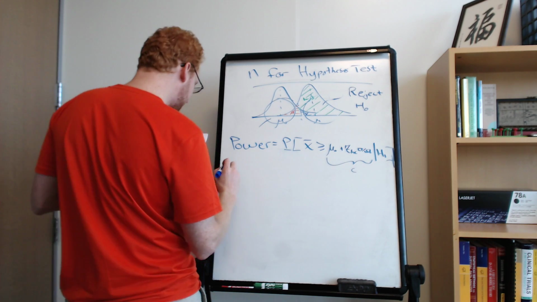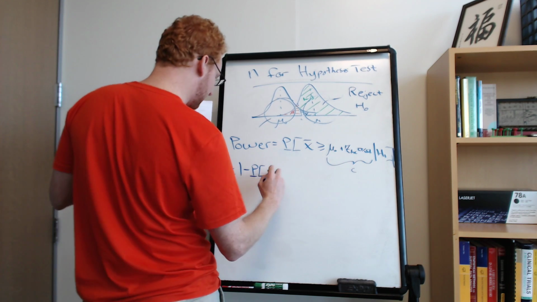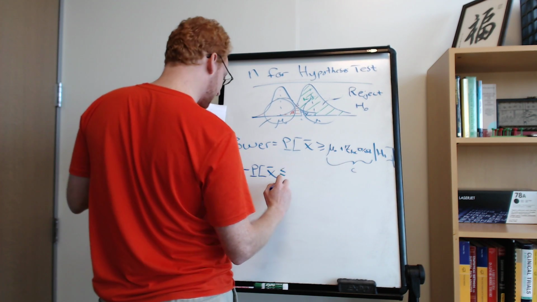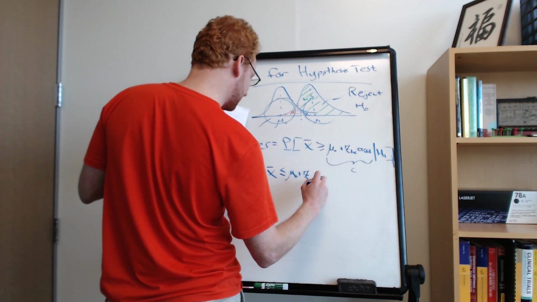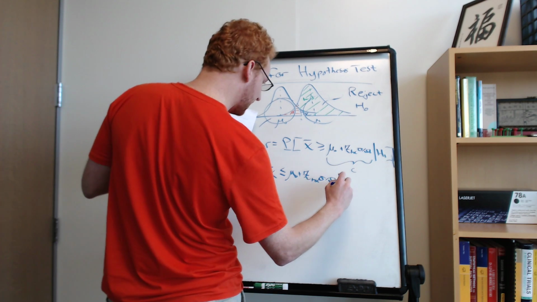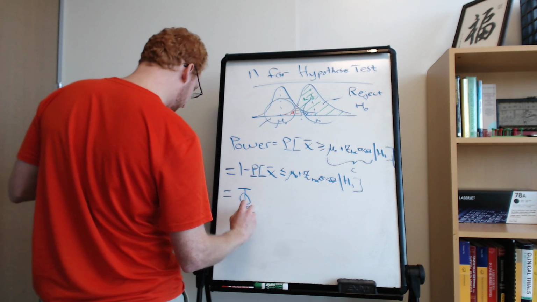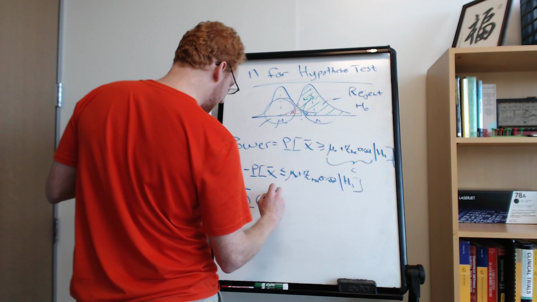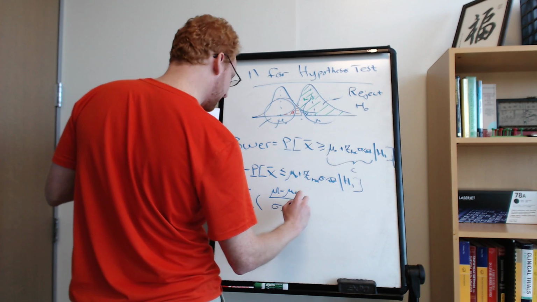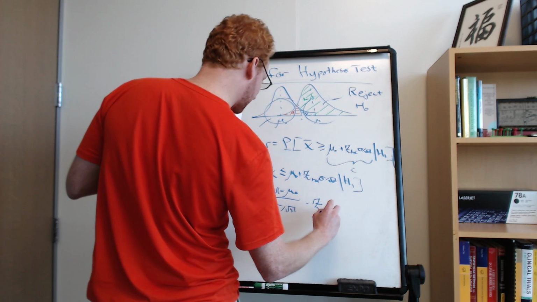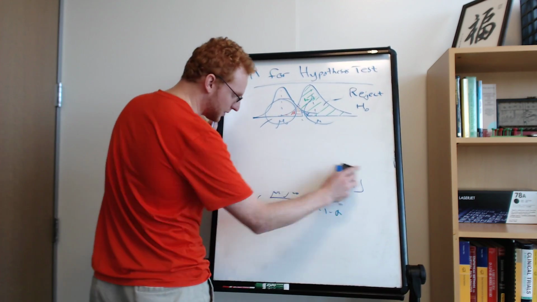So then mathematically, that's equal to 1 minus the probability that x bar is less than or equal to mu0 plus z of 1 minus alpha sigma over root n given H1. And then that can be shown to be equal to phi of mu minus mu0 divided by sigma over root n, minus z of 1 minus alpha. And then keep going. So that's what the power is equal to.